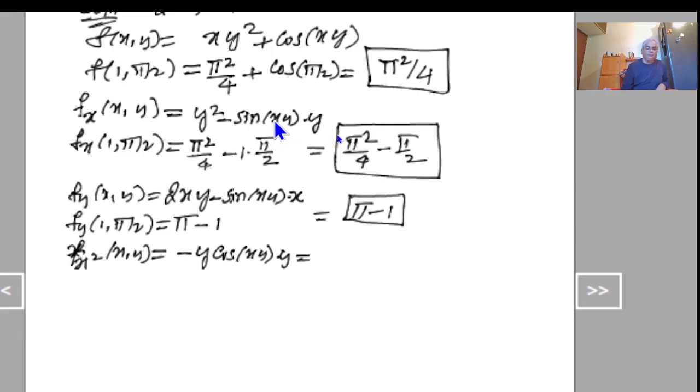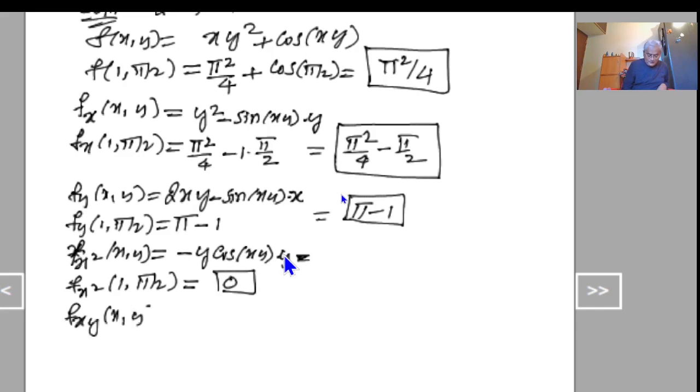Now fx square at 1 comma pi by 2: I have to put x equal to 1, y equal to pi by 2. Whatever may be the rest, what I am getting here is cos pi by 2. Cos pi by 2 equal to 0. 0 into anything is 0. So fx square is 0.